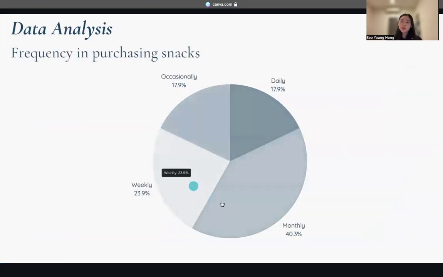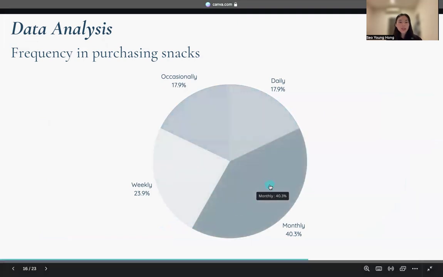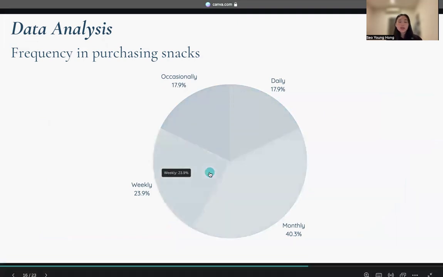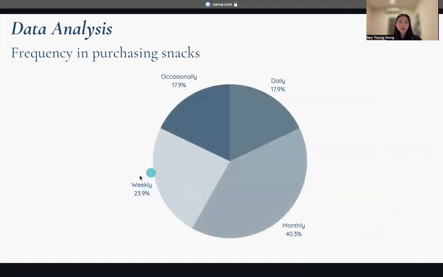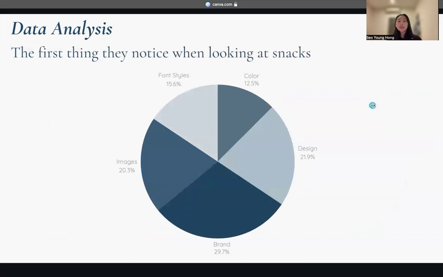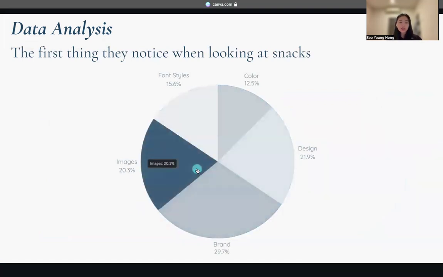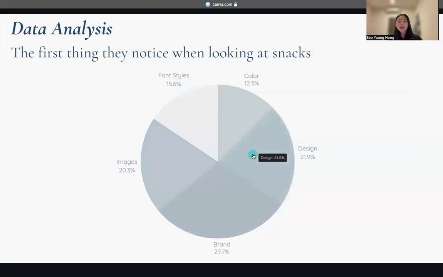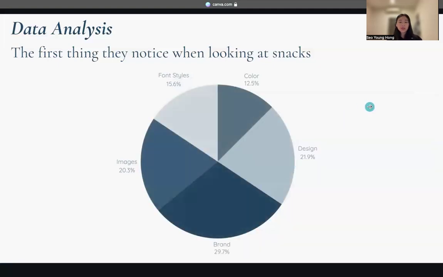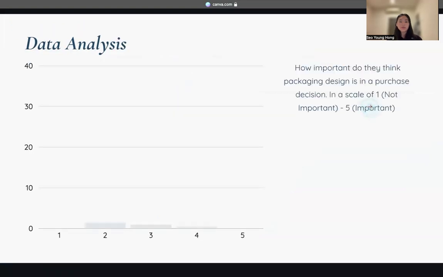Their frequency of purchasing snacks is monthly, and the second biggest choice is weekly. And the first things they notice when looking at a snack, based on the survey, are the brand, the design, and the image. These are the top three things they notice.